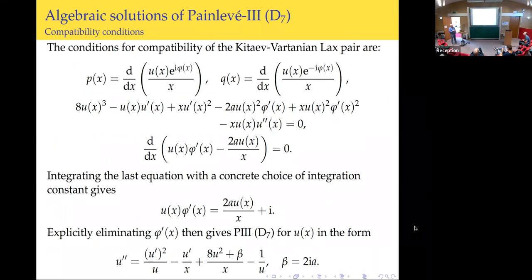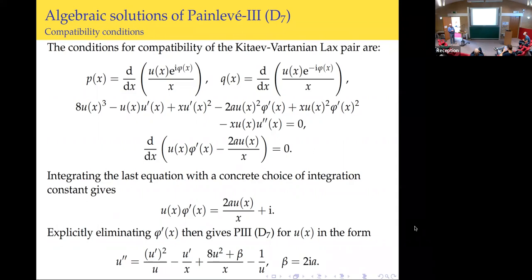Then you get a differential equation of second order for the function u, which sadly also involves the function phi(x). And then you have this equation here, which is really something that can be integrated up, put a constant on the right-hand side. And if you do that with a specific choice of integration constant, I think I have i over here for that constant, then you have this identity between u and phi like that.